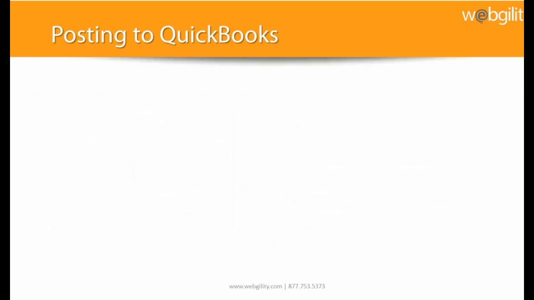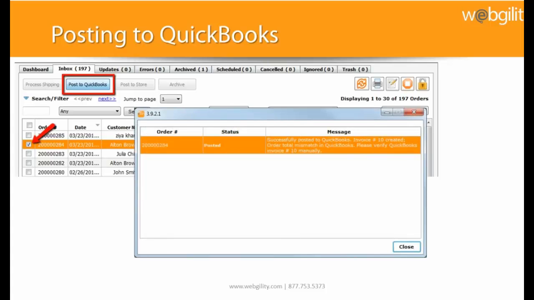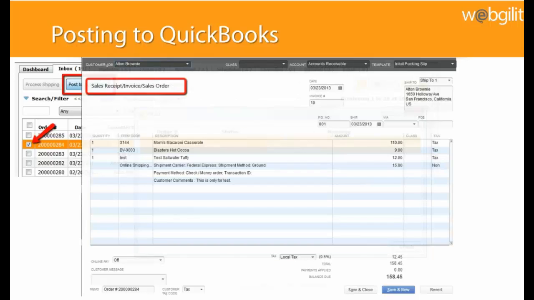All right, so posting to QuickBooks is super easy. When an order is posted to QuickBooks, here's a nice little zoom-in snapshot of the inbox. You select the order, you click on Post to QuickBooks, and you get a notification saying this order is posted to QuickBooks. I know an invoice has been created, invoice number 10, and this is how the transaction appears within QuickBooks.